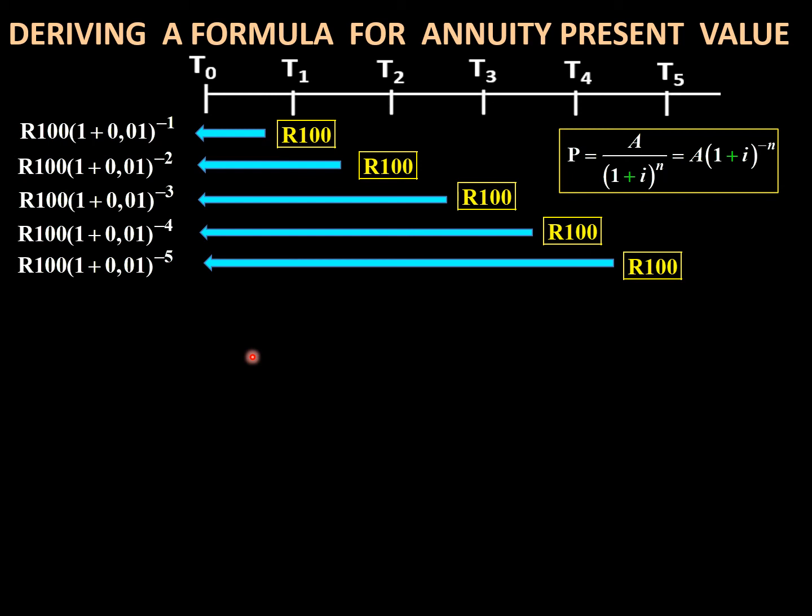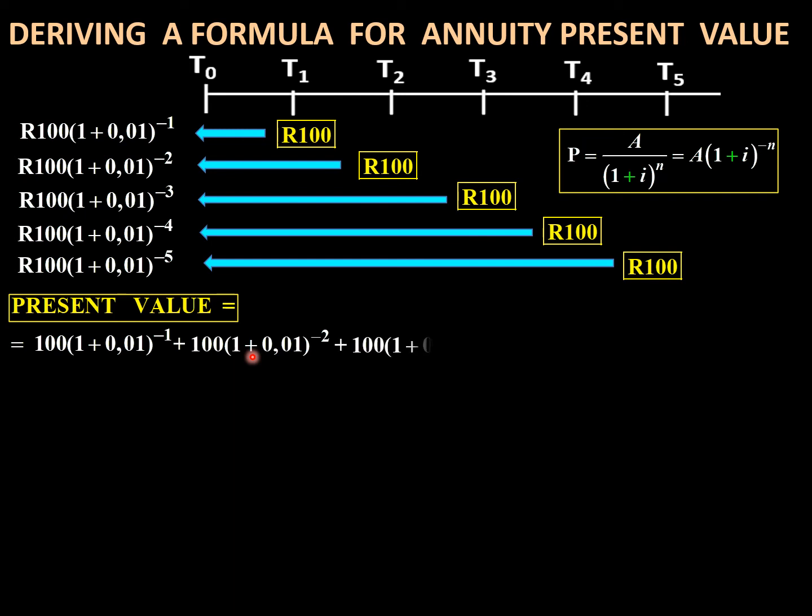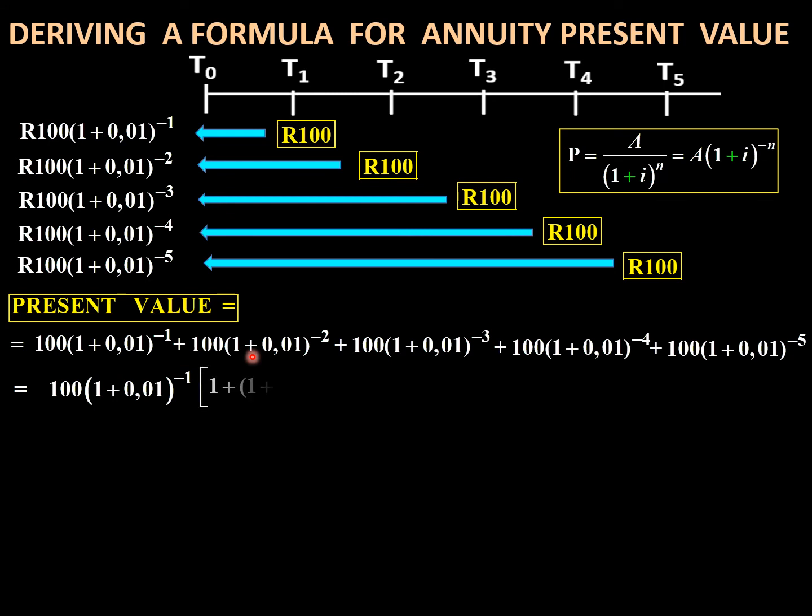Because we want to find the sum of all these present values, we can add them. So there's the first, the second, the third, fourth, and the fifth. And like we've done before, we can take out a common factor. And here you notice the common factor is (1 + 0,01) to the -1. Take that out, and those are all the terms that we have there.